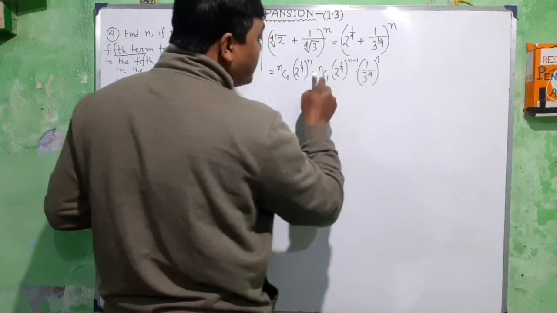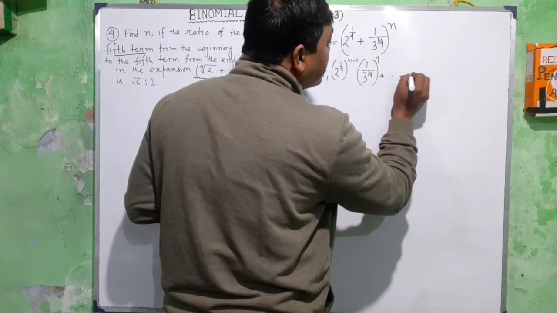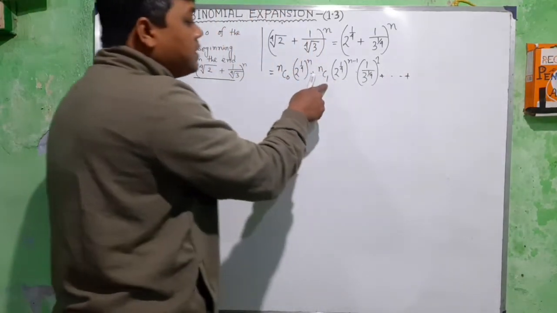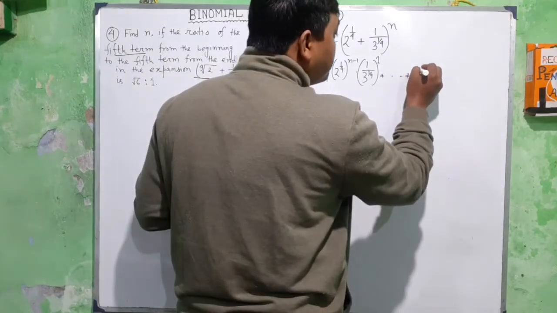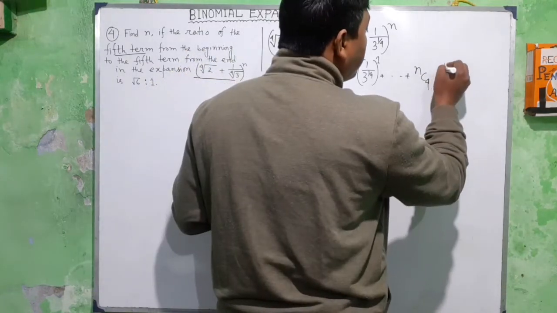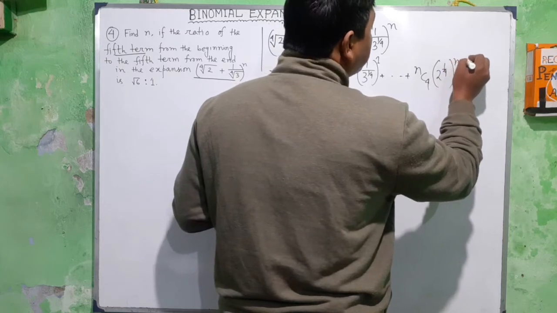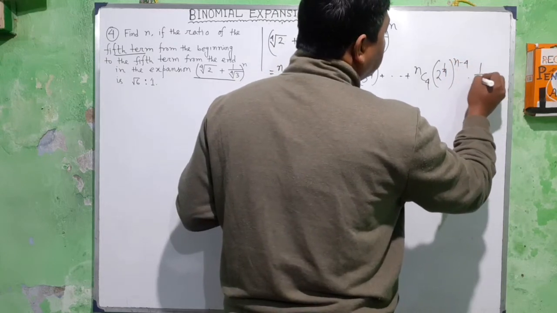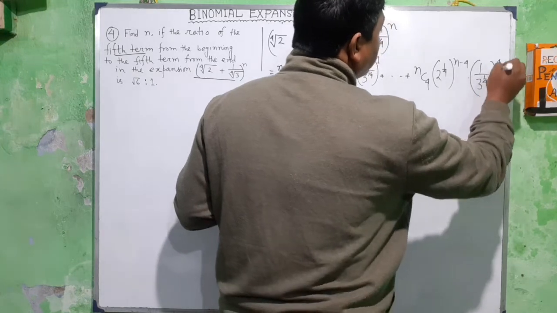This is my second term. Okay, so what is my fifth term? For 1 this is the second term, so the fifth term is nC4 (2 to the power 1 by 4) whole to the power n minus 4 and (1 by 3 to the power 1 by 4) whole to the power 4.